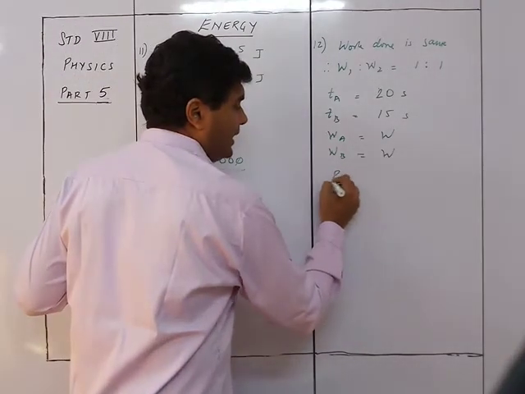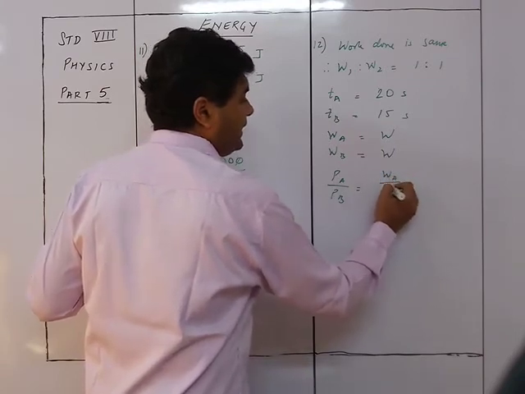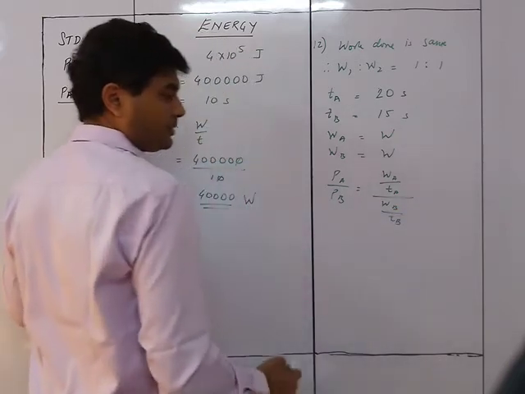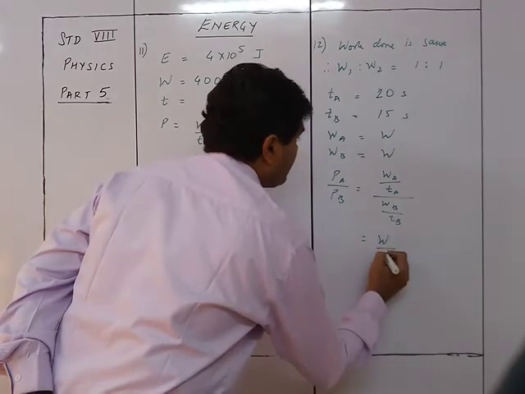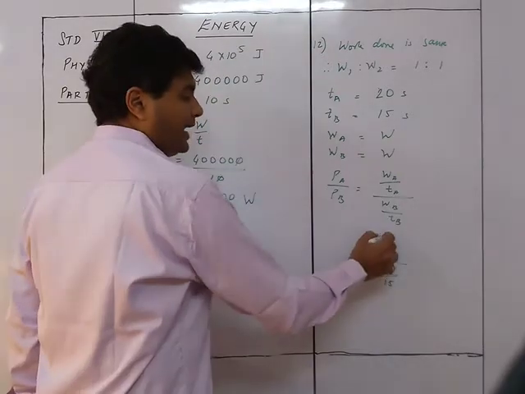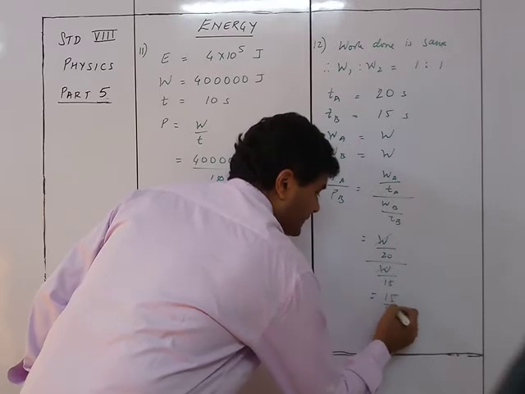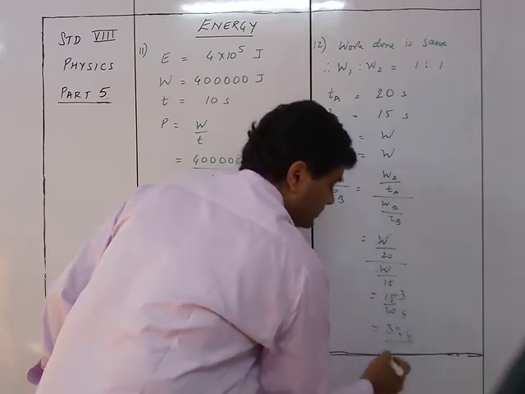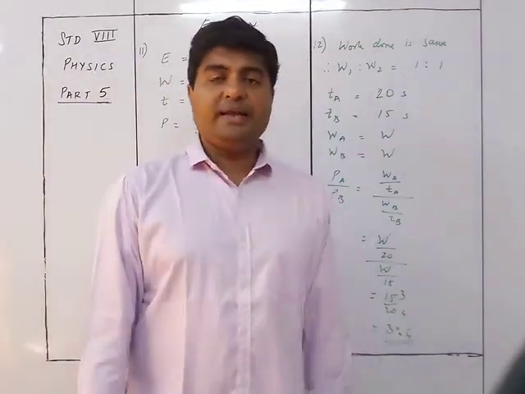Power A upon power B is equal to WA upon TA upon WB upon TB. On substituting we get W upon 20 upon W upon 15. W gets cancelled, 15 comes in the numerator. So it is 15 upon 20, that is 3 upon 4. Therefore the ratio of the power of both of them will be 3 is to 4.